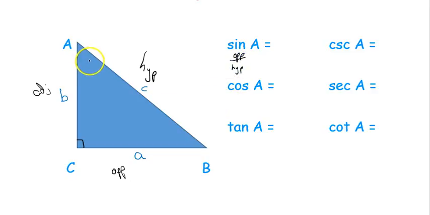So in our case, the opposite being a, the hypotenuse being c, we would make the fraction a over c. That would give us the sine. Cosine is adjacent over hypotenuse, and in this case, that would be b over c. And then tangent is opposite over adjacent, so a over b.